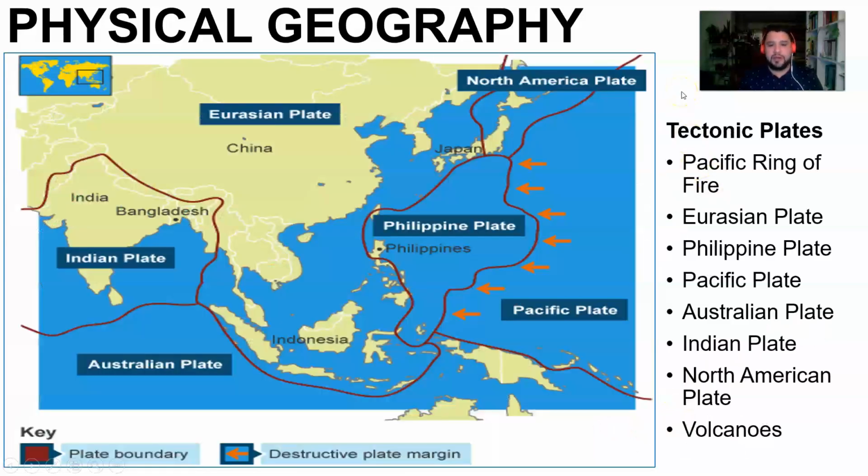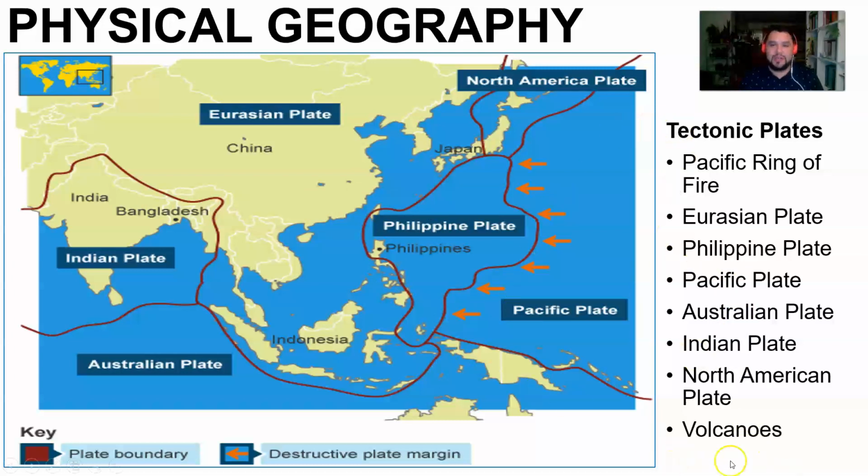This region is also shaped by plate tectonics. We have looked at how plate tectonics has affected the physical geography or the hazards of other regions like Japan or the Himalayas. In this case, Southeast Asia is also a very active region in terms of its volcanic and tectonic activity.